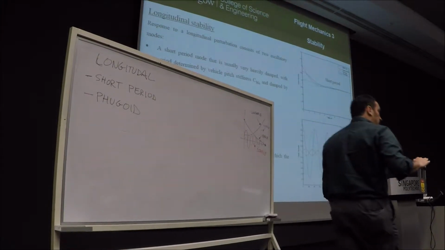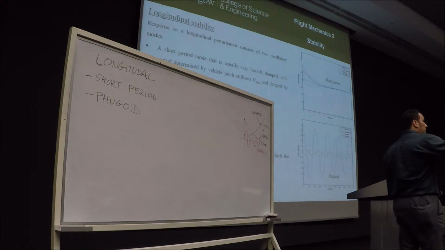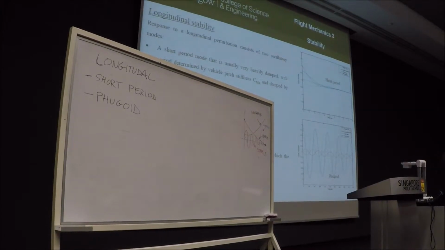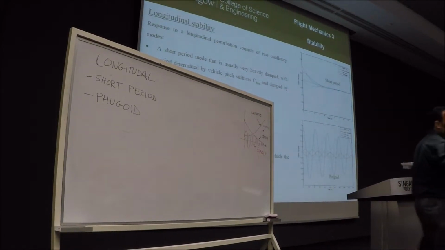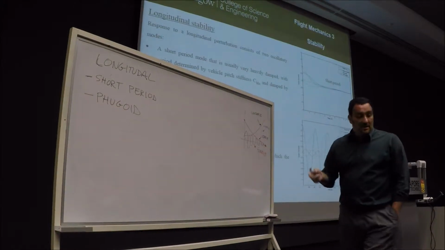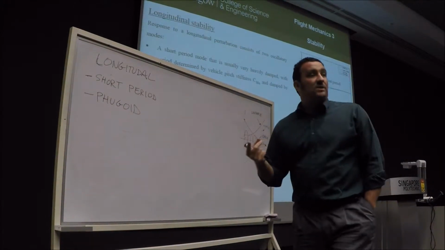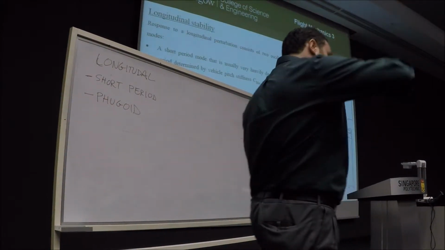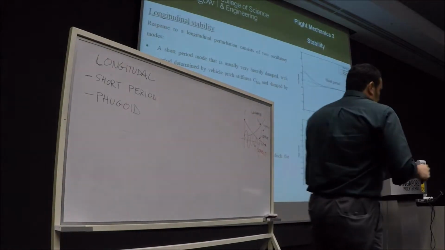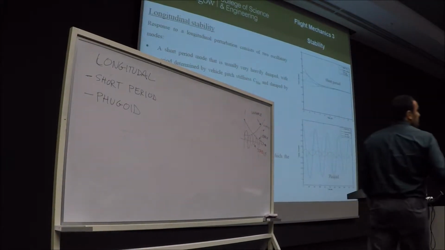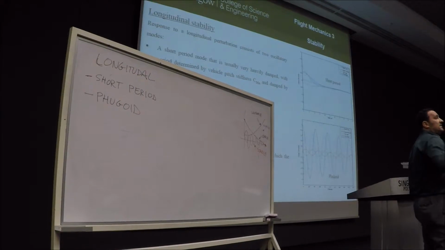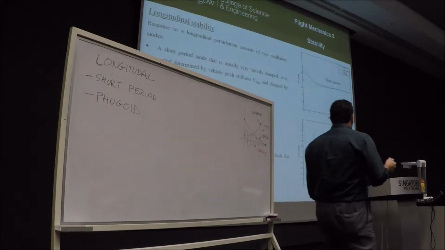So as the aircraft is moving upwards, it will be going at a lower speed, and it will increase its potential energy. And then when it goes back down, the velocity increases and the altitude decreases.